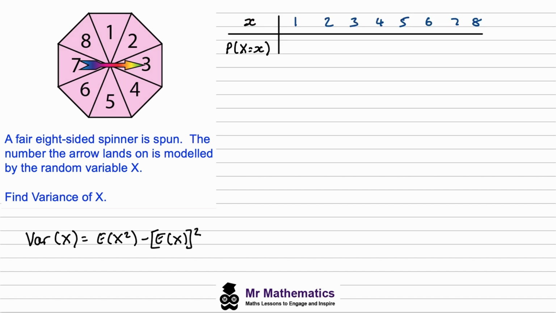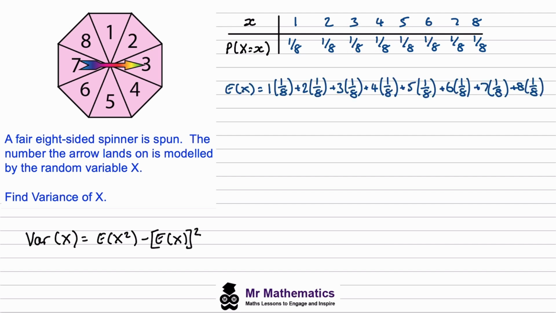And because this is a fair spinner, each of these has an equal probability, and all the probabilities add up to 1, so each of these will be 1/8. So to work out the expected value of x, we'll find the product of each of these, and then we'll add them together. So we'll add each of these together, and we get the expected value of x as 4.5.